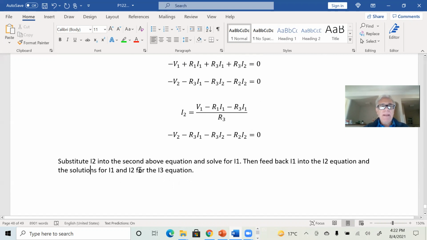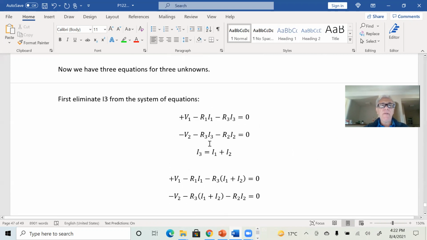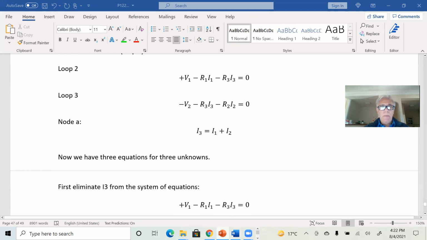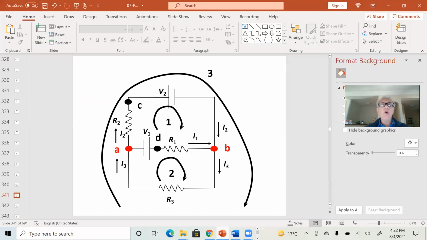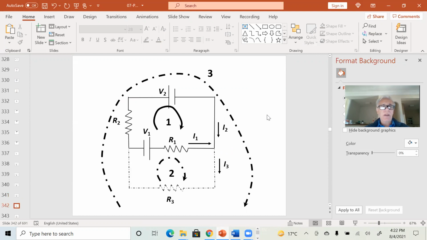But the setup, the secret to solving this type of problem, is doing what I did before. Identify the loops and the nodes, set up the equations, recognize that we have more equations than we need, and you disregard one of the loop equations and one of the node equations.